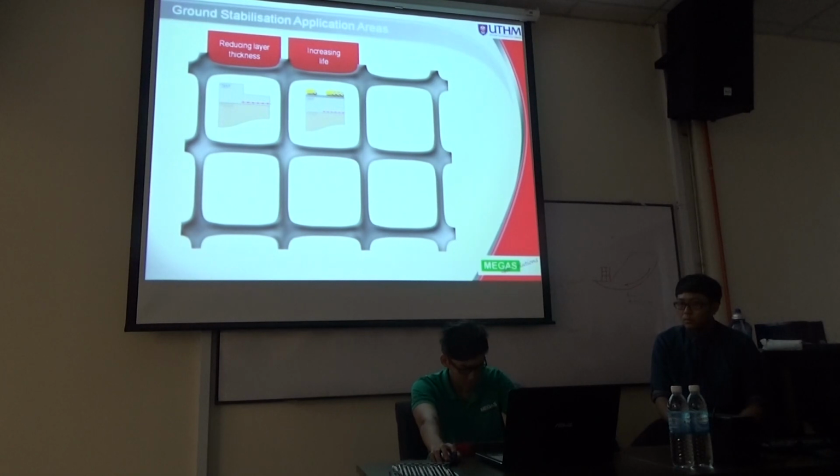If a client requests 20 years instead of 10, it can be done. If we maintain the thickness and add a layer of geogrid, we can extend it. The original design is for a 10 year life. By having a layer or multiple layers of geogrid, we can increase the life to maybe 15 to 20 years for the same type of performance.